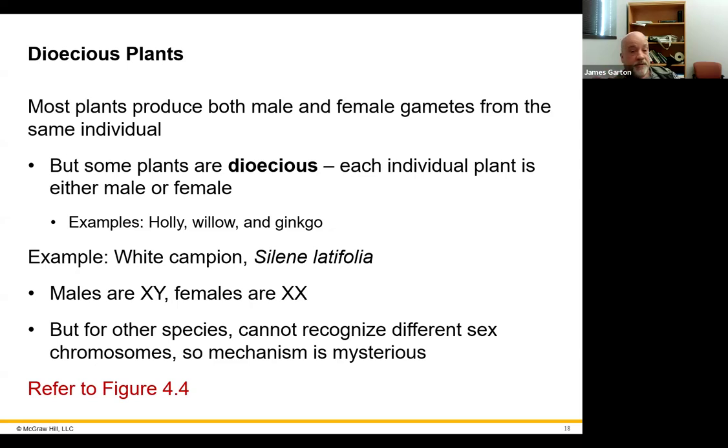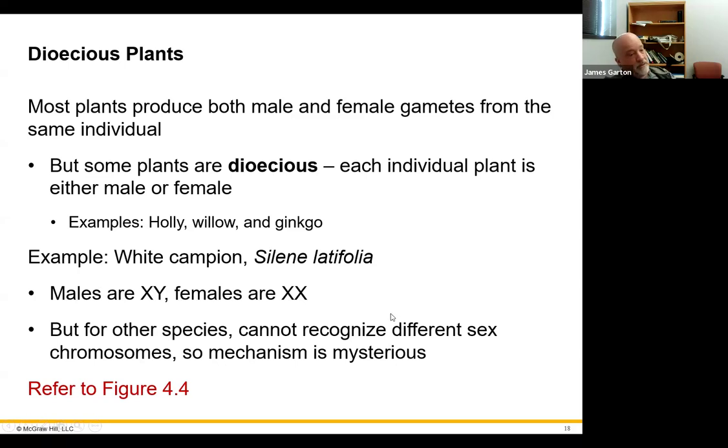That is to say, each plant is either going to be a male or a female. And in some plants, we'll fall back on the XY system, where the male is XY and the females are XX.